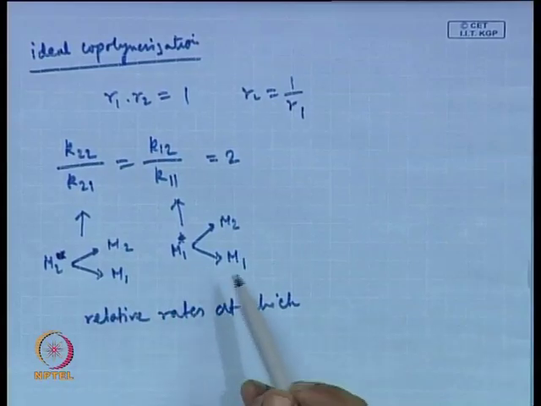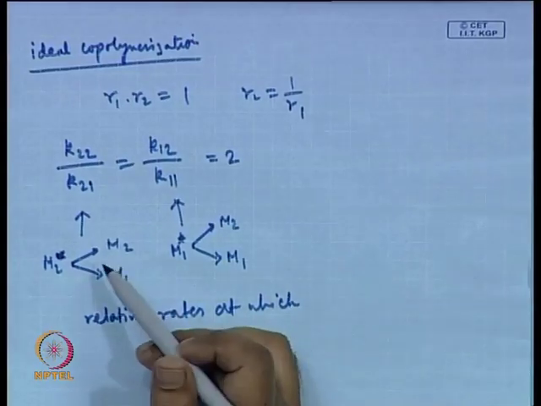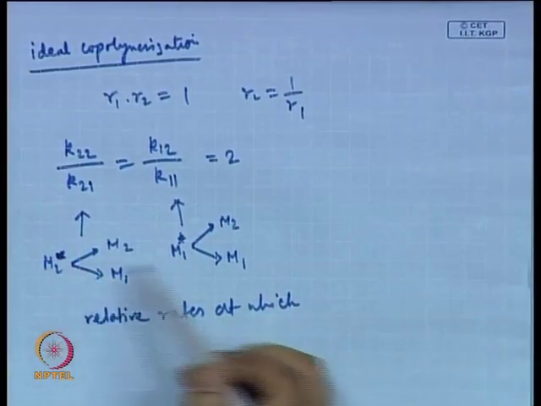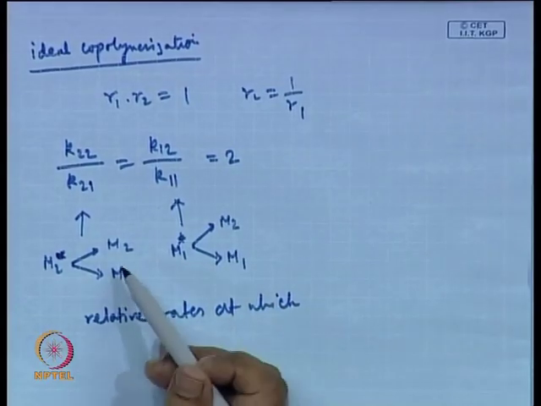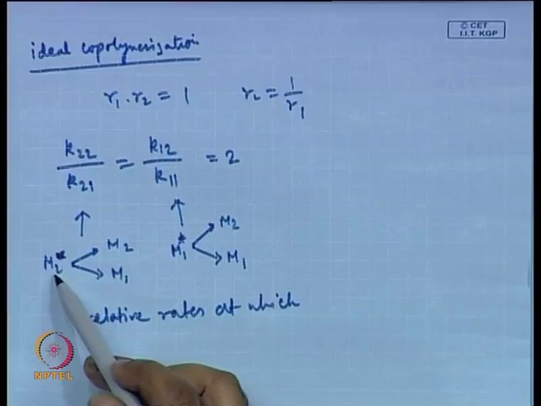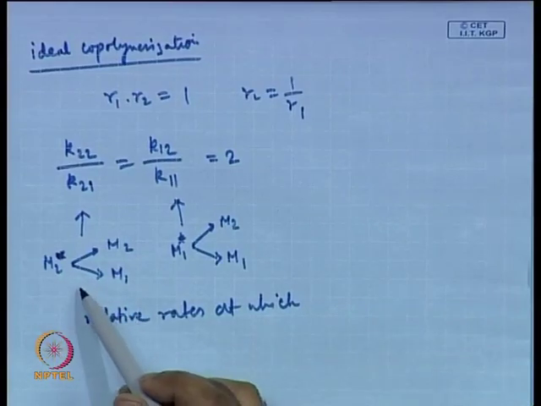So, the relative rates at which M2 and M1 are getting incorporated in the copolymer chain are independent of which is present at the end, and the incorporation of M2 in the copolymer chain is unbiased.